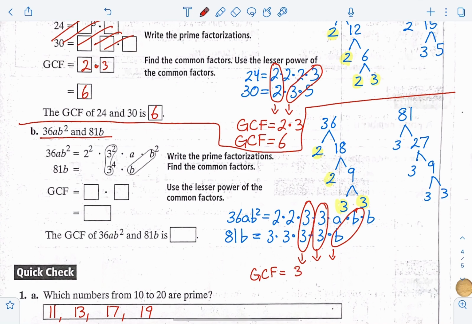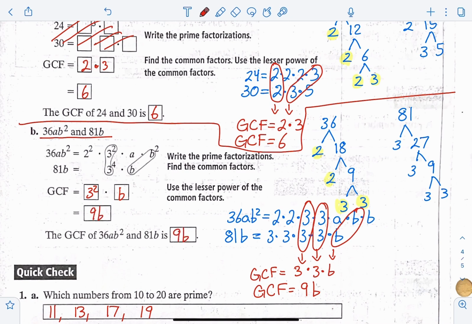Here, I'll write it underneath it. 3 times B. So since they shared this set of 3's, I wrote 1. Shared this set of 3's, I wrote another. Shared a set of B's, there's a singular B. When I multiply that together, 3 times B, I get that GCF equals 9B. They had this as like 3 to the second times B, so 9B.